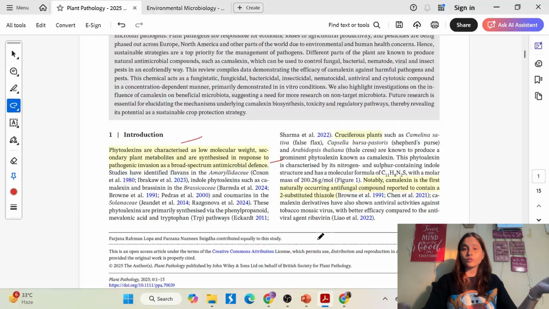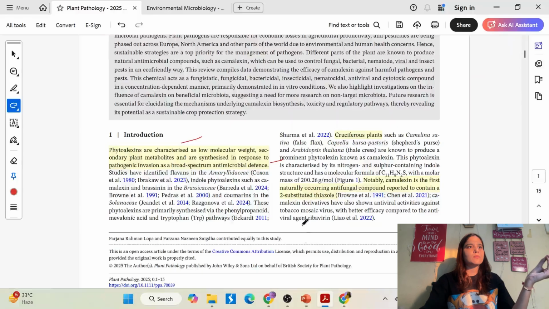They are low molecular weight, and these compounds are synthesized only upon pathogenic invasion. Once the pathogen enters the plant, a series of reactions is initiated, right? So alternatively, this compound is also synthesized, and these compounds have a role in defending against those phytopathogens.